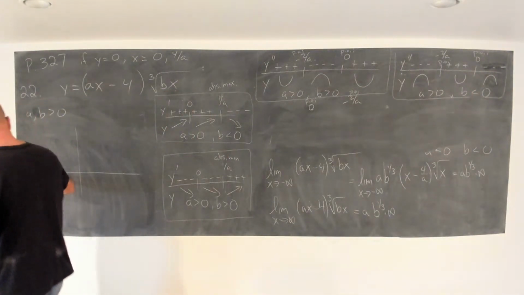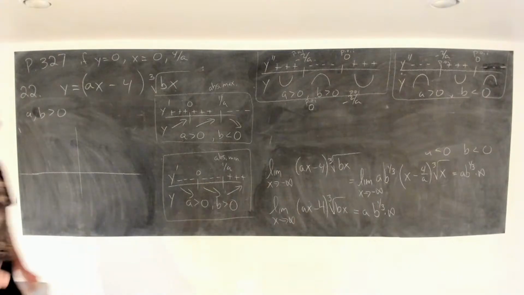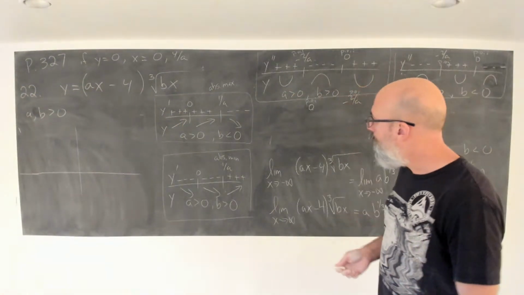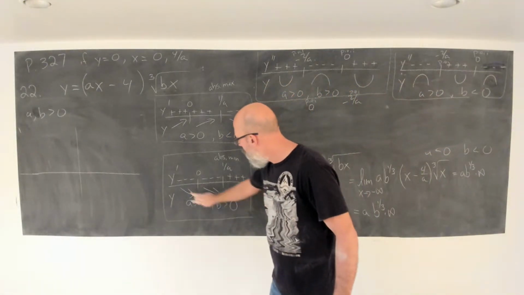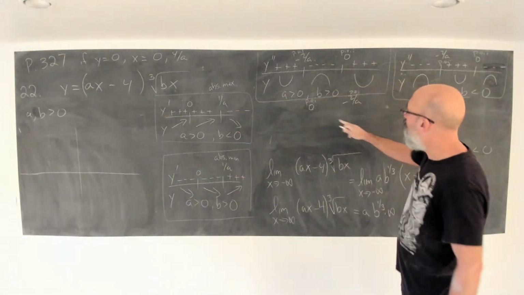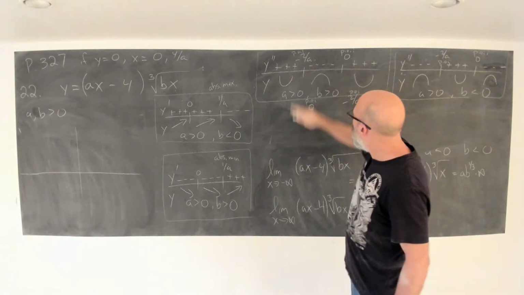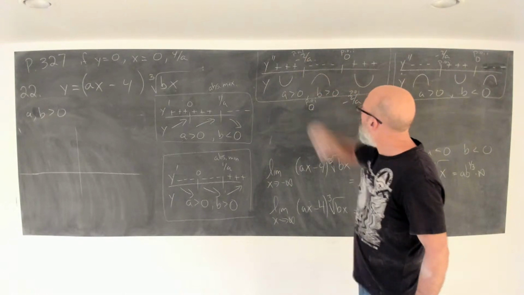So we start at positive infinity. You better be decreasing. And if both are positive, you are decreasing all the way to 0. You are decreasing concave up all the way to negative 2 over a.